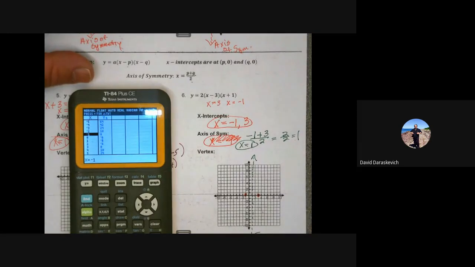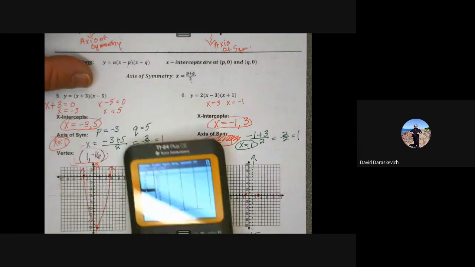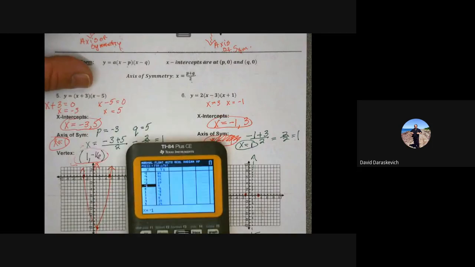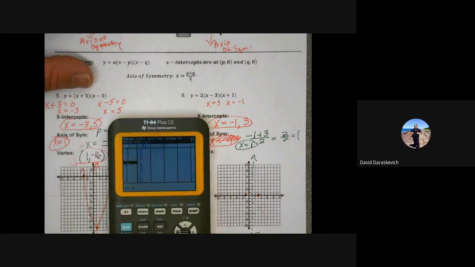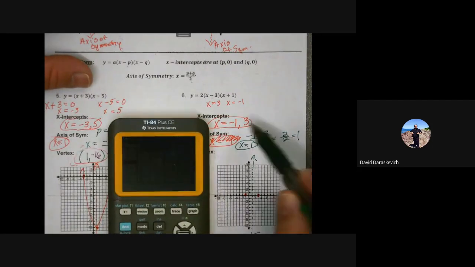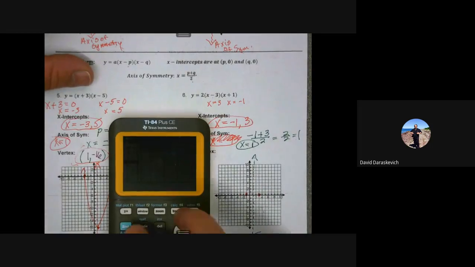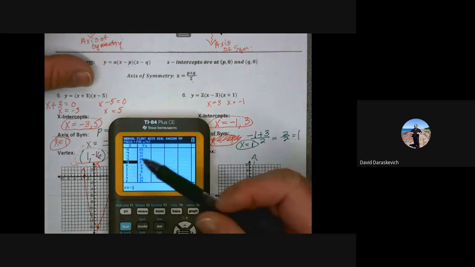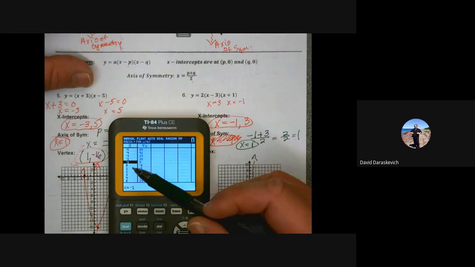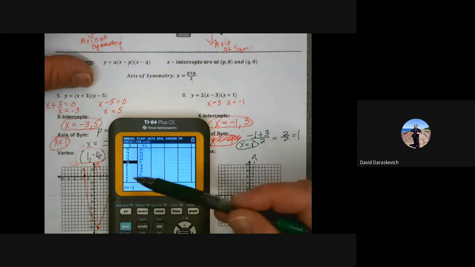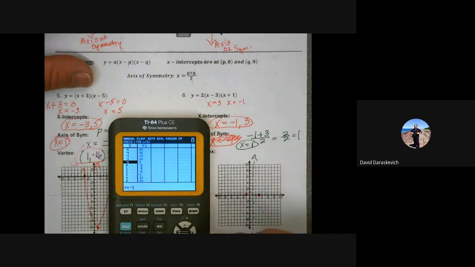Now all I have to do is find the y value of my vertex. Well, I could go back to my calculator here. Instead of plugging 1 back into the equation, I just look on my chart. My vertex, I know that my x is 1. So here's my x equal 1. My y value is -8.